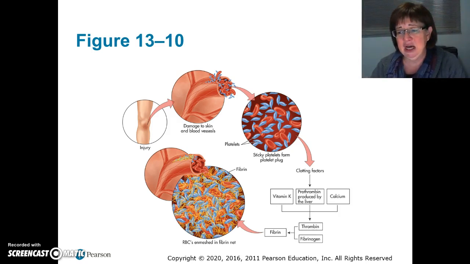Another is to activate all the clotting factors, the one being prothrombin. Prothrombin, in the presence of calcium and other clotting factors, will turn it into the enzyme thrombin, and thrombin changes fibrinogen to fibrin. Fibrin forms a mesh, blood cells get caught in it, and you have a scab.